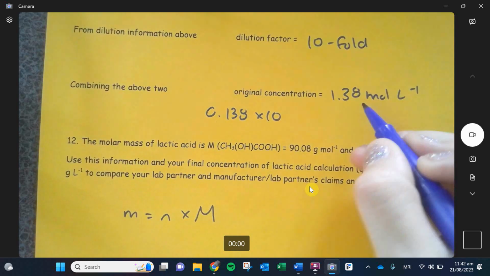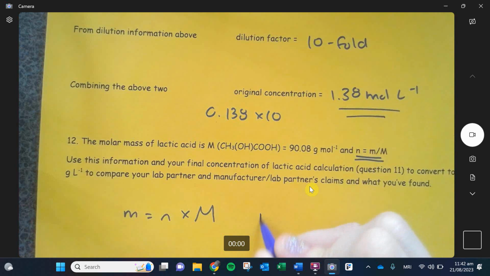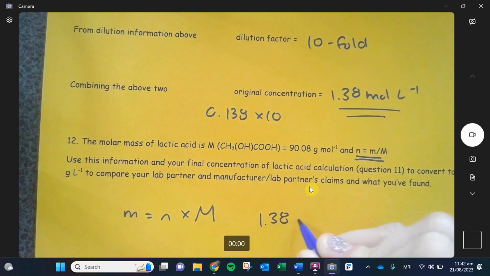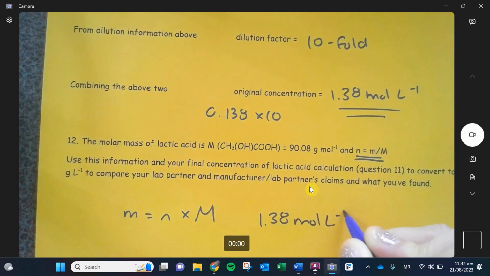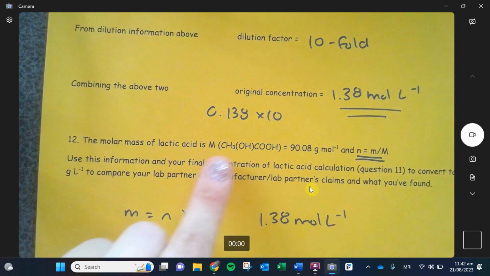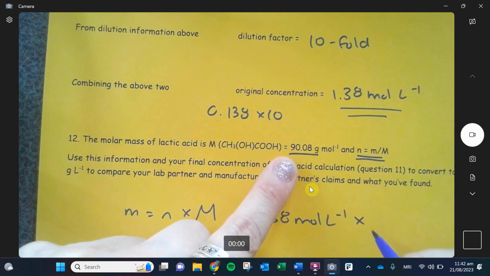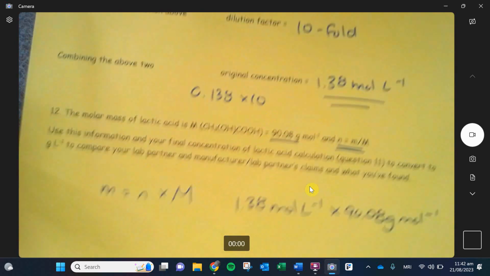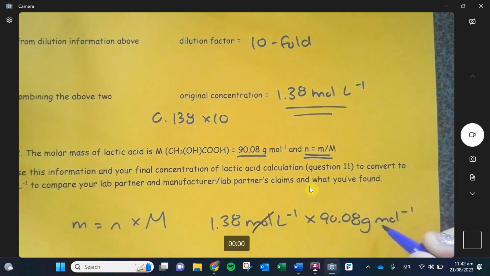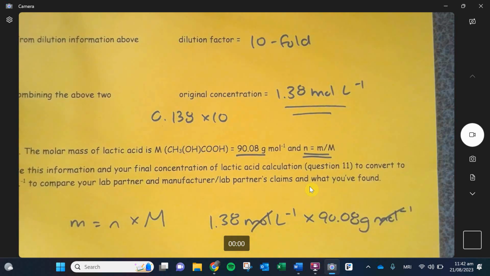So what I'm going to do is take this number up here, 1.38 moles per liter, and multiply it by the molecular mass of the lactic acid, which is 90.08 grams per mole. What I'm going to see is that my moles and moles will cancel out, and I will be left over with grams per liter, which is what I want.